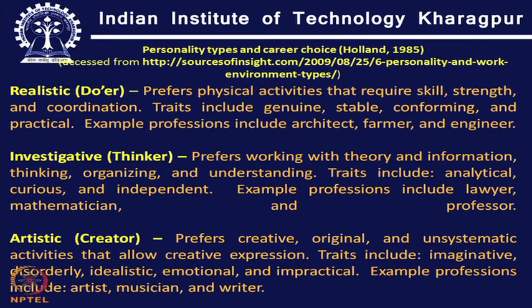Artistic, the creator type of career, prefers creative, original and unsystematic activities that allow creative expression. Traits include imaginative, disorderly, idealistic, emotional and impractical. Examples of professions include artist, musician and writer.